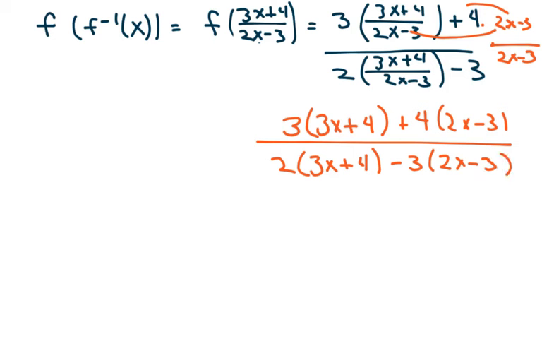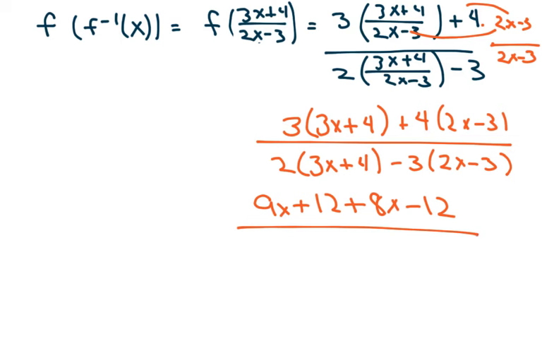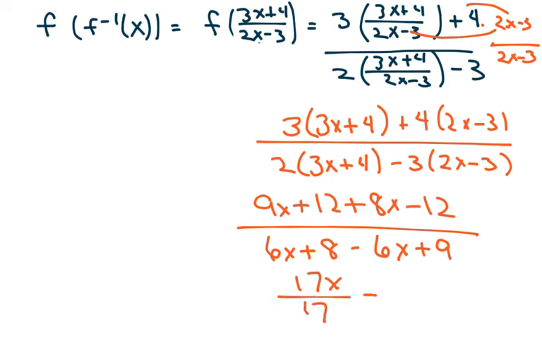Okay, you clean all that up, you're going to get 9x plus 12 plus 8x minus 12 over 6x plus 8 minus 6x plus 9, and that's going to yield 17x over 17, which equals x.